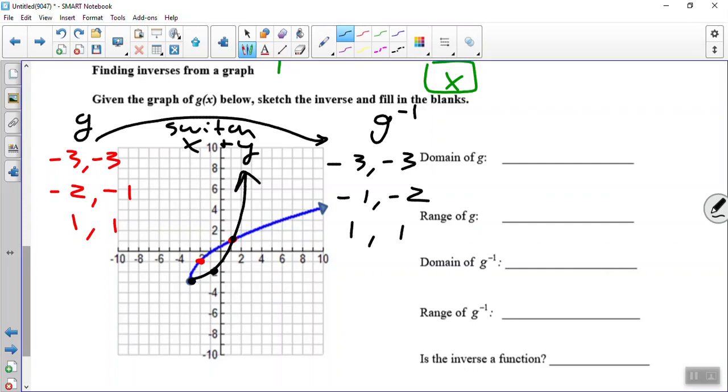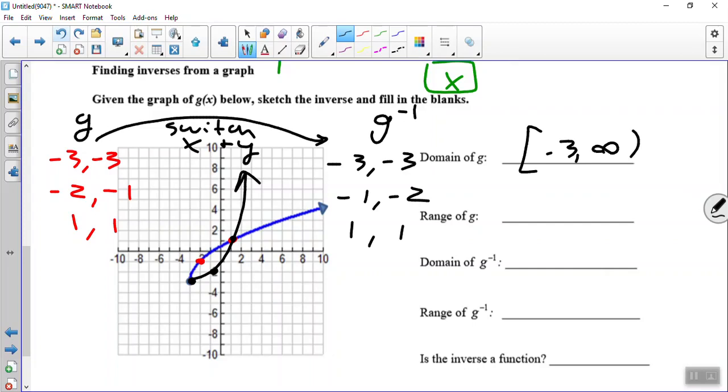All right, so notice how we just got one side of this. When we did this algebraically on the previous page, when we did the inverse of a square root, we got that whole parabola, right? Well, when you do it graphically, it's going to be more accurate, okay? You only get half of that parabola. So that's why we restricted that domain algebraically. All right, so the domain of G is -3 to infinity.